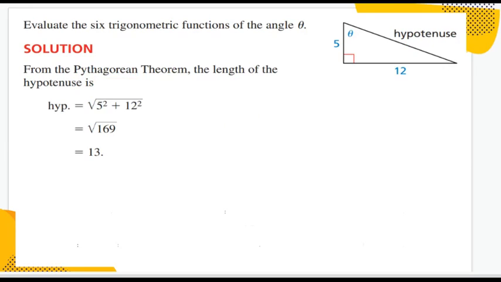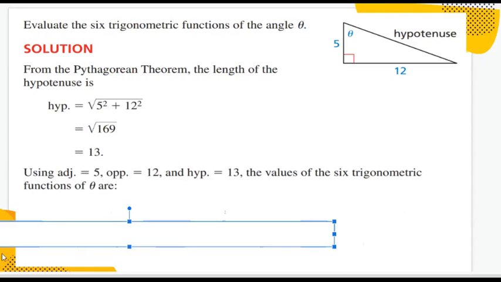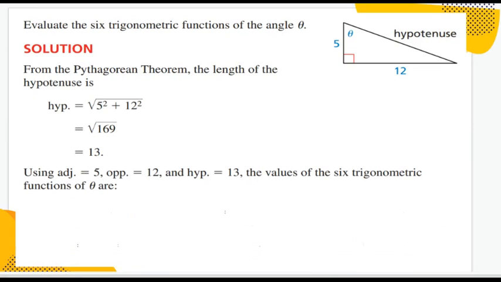We will identify the 6 trigonometric functions of the angle theta. We will use the values of the adjacent, which is equal to 5, our opposite, which is equal to 12, and the hypotenuse, which is equal to 13.